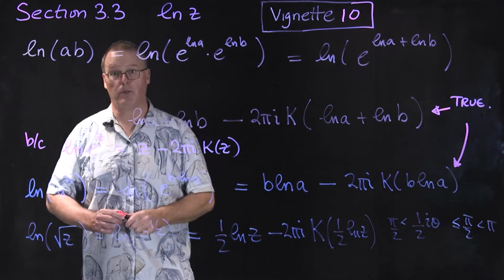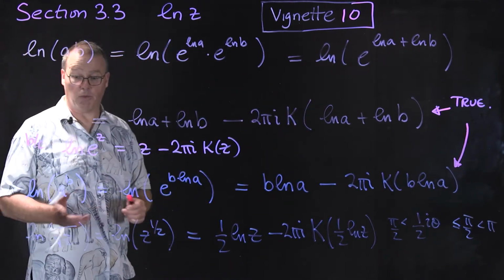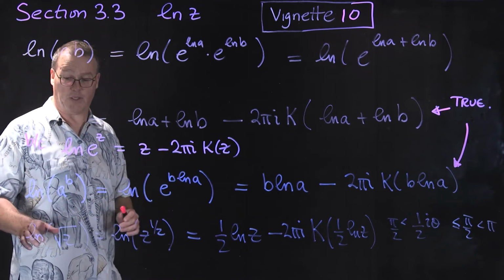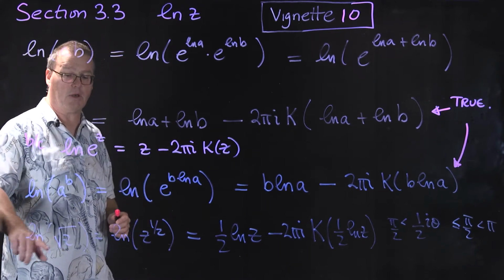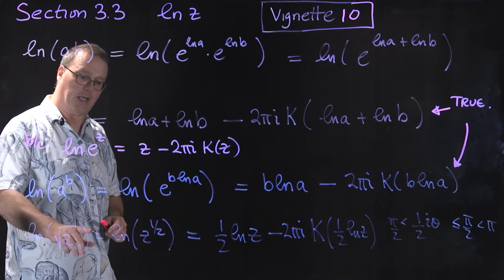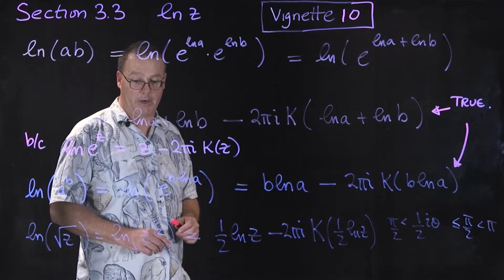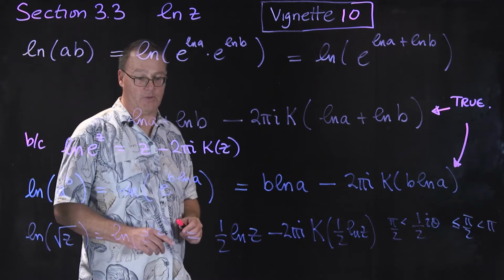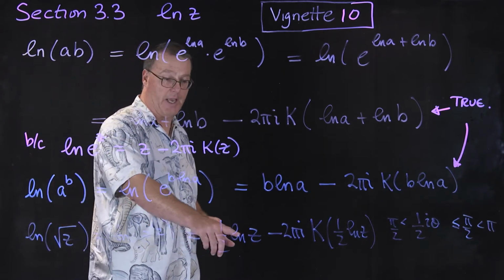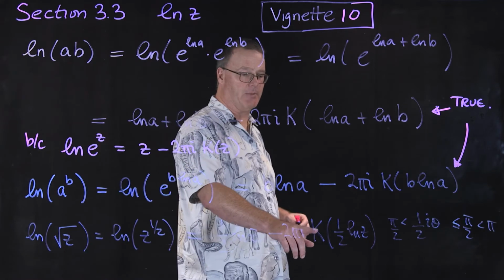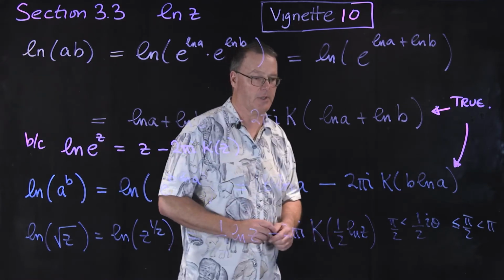Sometimes we get to show that the unwinding number really is 0 for all z. So let's look at the square root of z, log of square root of z. Well, that's the log of z to the 1/2. That's e to the 1/2 log z. So we get 1/2 log z minus 2 pi i times the unwinding number of 1/2 log z.